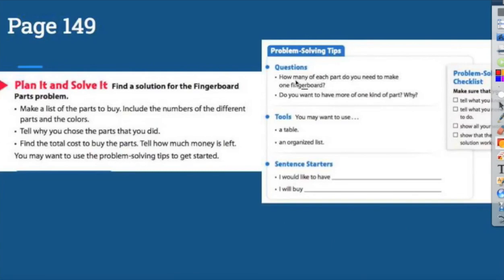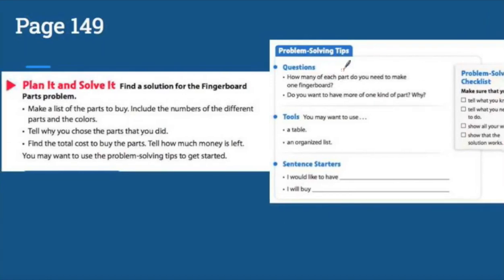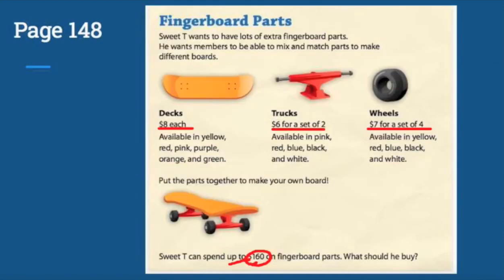Here are some questions that can help guide you through it. How many of each part do you need to make one fingerboard? Let's think about that together. Going back to this page, how many decks do you need to make one fingerboard? 1. How many trucks do you need?